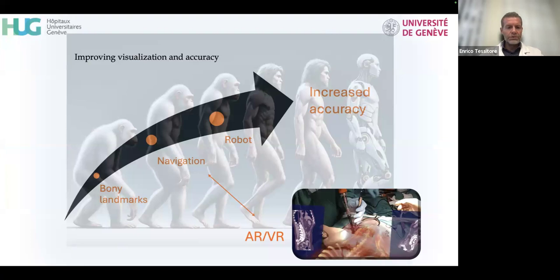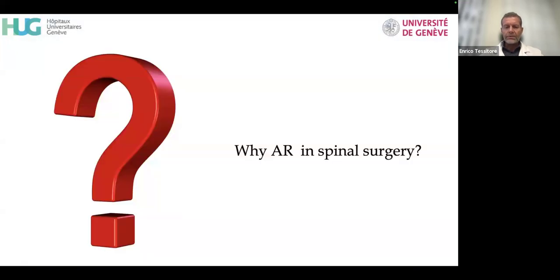This is part of the evolution of the technology and enabling technologies in order to improve visualization, but not only that, also accuracy and safety in our very challenging field. And very often it goes together with navigation and sometimes with robotics. Why do we need augmented reality in spinal surgery?